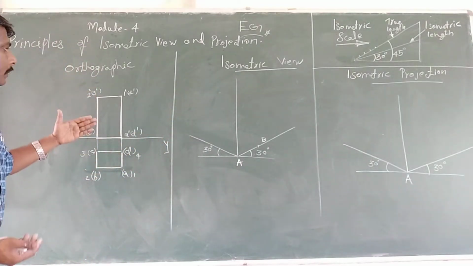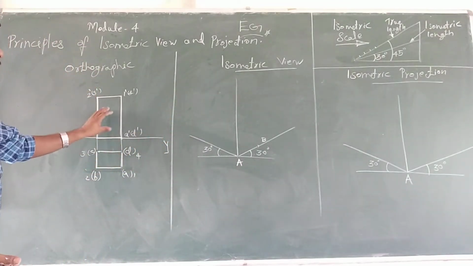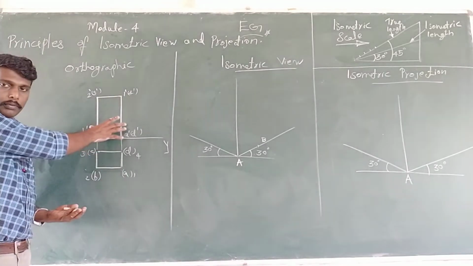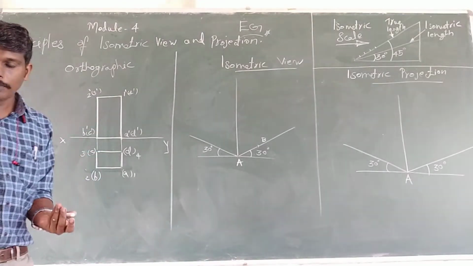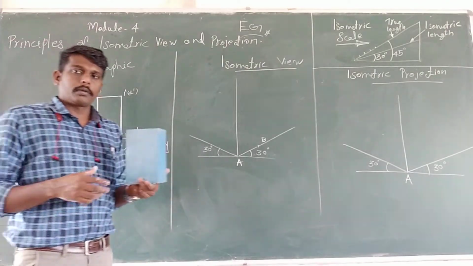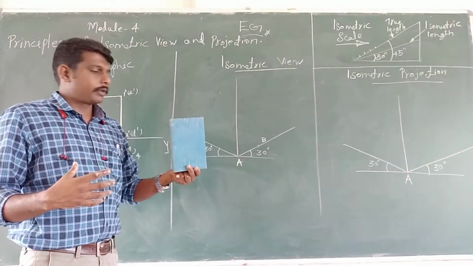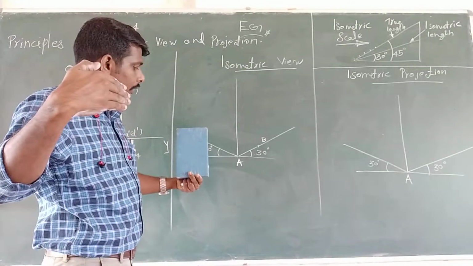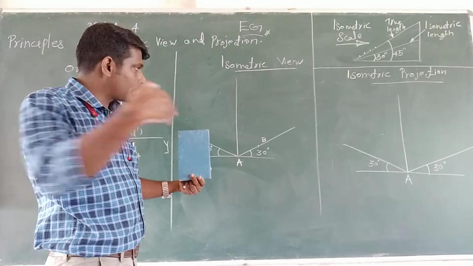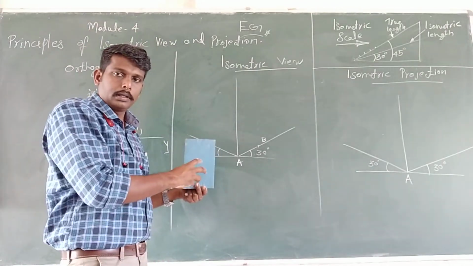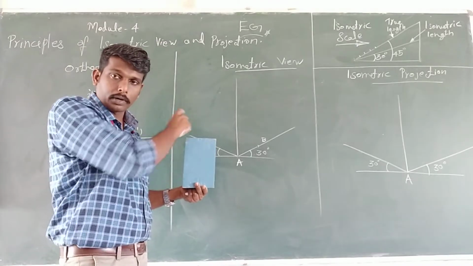Okay. How to draw the isometric view of a particular solid? Simple. This is the front view and this is the top view of the solid. Before that, what is isometric view? In the orthographic front view, we look at the object perpendicular to the vertical plane, and what we see is drawn as the front view.